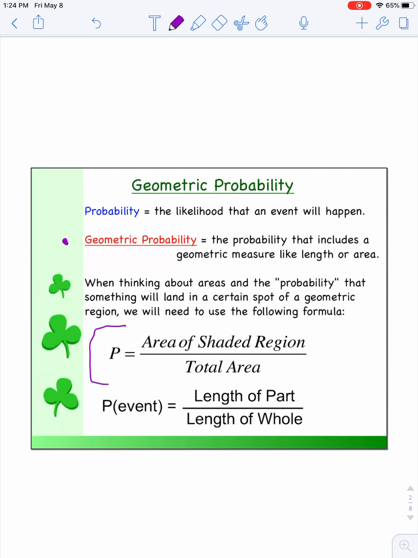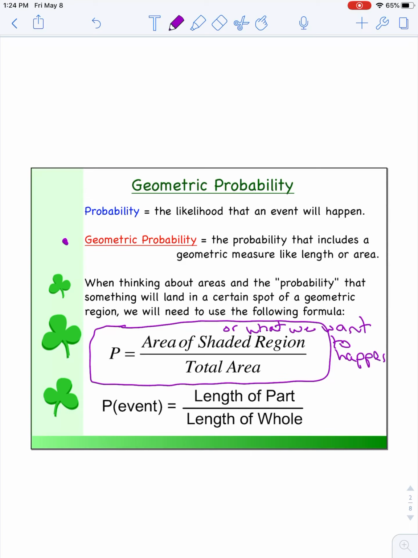We're going to be looking at finding the area of the shaded region, or really what we want to happen, where we want it to land. And we divide that by the total area where it could land.